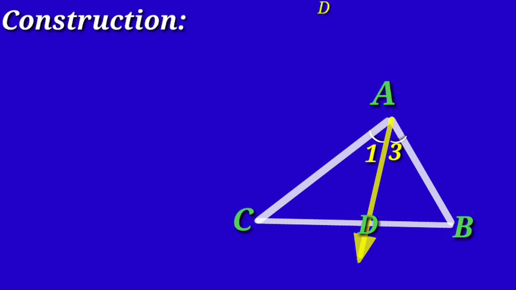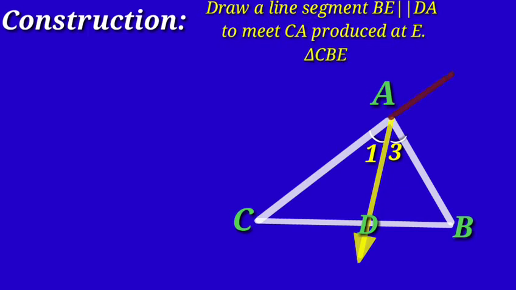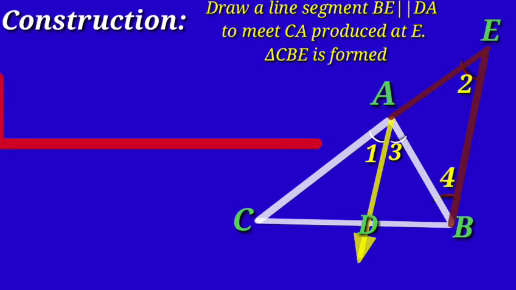After the given and proof, we discuss the construction. Draw a line segment BE parallel to the side DA to meet CA produced at point E. Triangle CBE is formed.